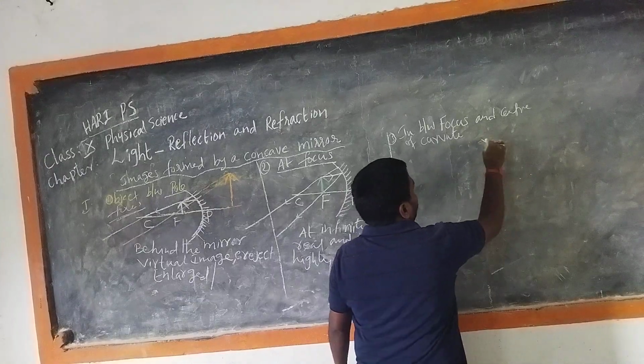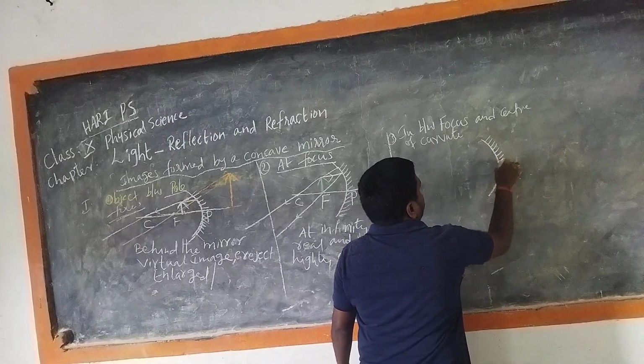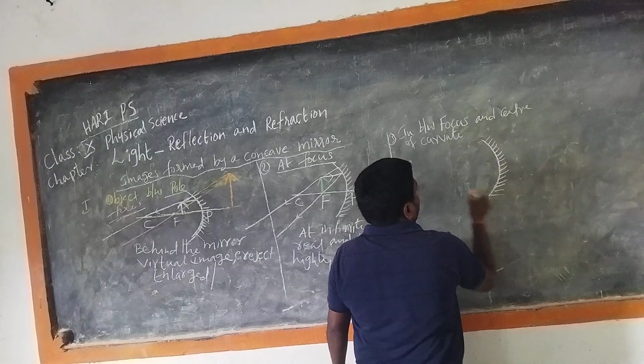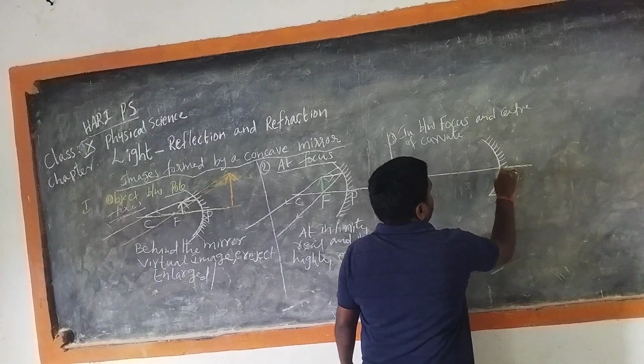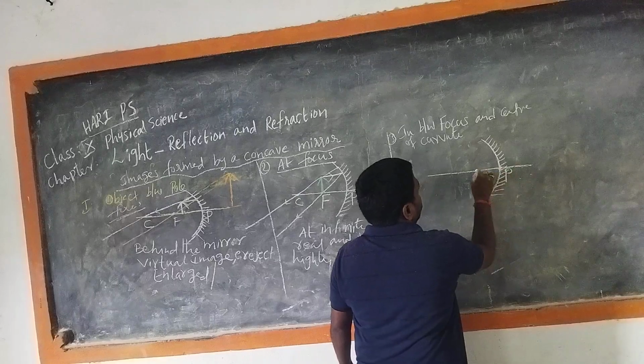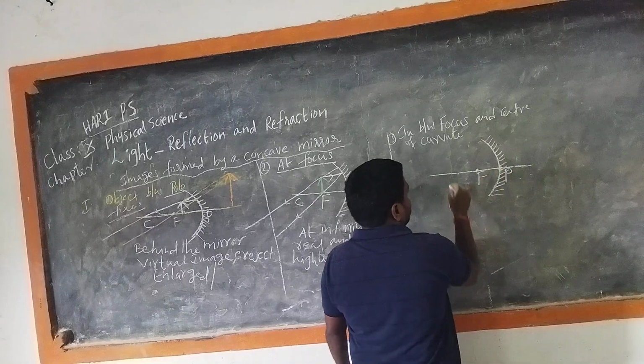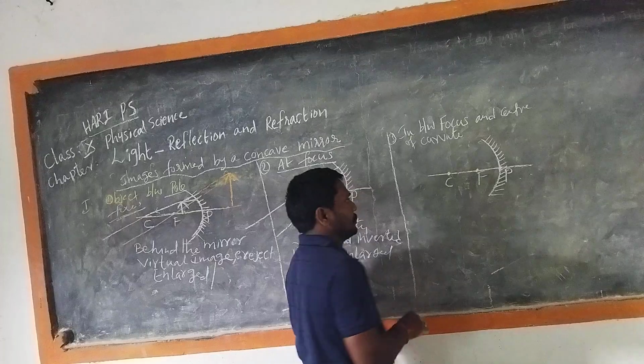So, concave mirror, principal axis, as usual pole, focus, center of curvature.